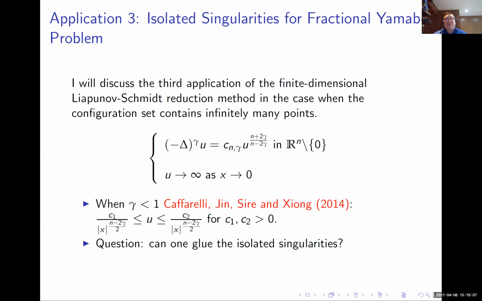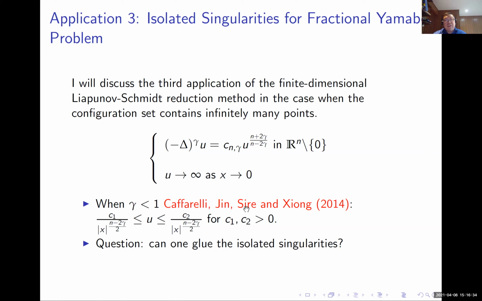Now I will quickly discuss the third application, which I found is also quite interesting, because this is another situation in which you don't have a small parameter. I'm going to discuss the so-called isolated singularity for the fractional Yamabe problem. If you look at the fractional Yamabe problem with one singularity, you can classify.